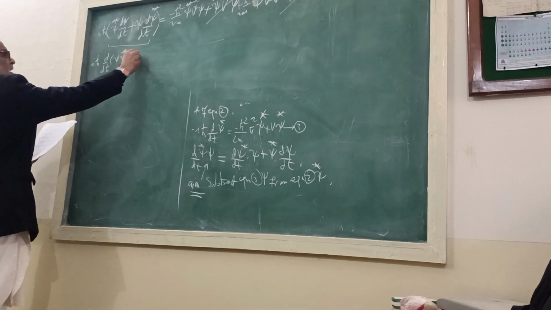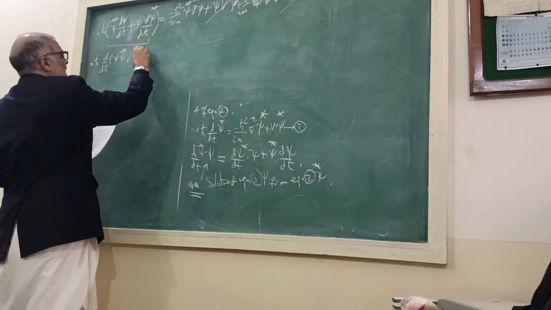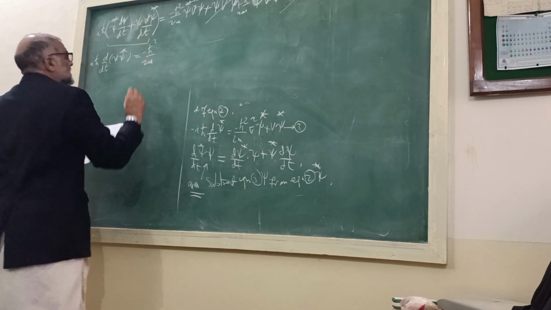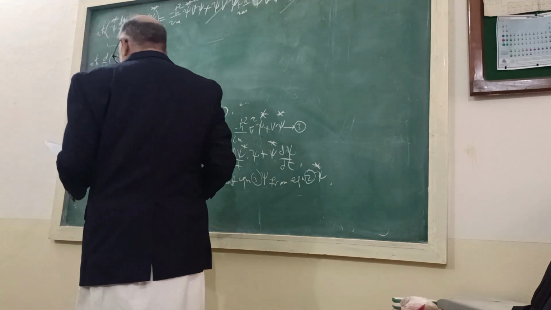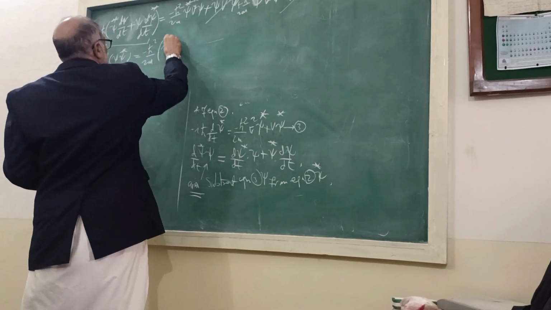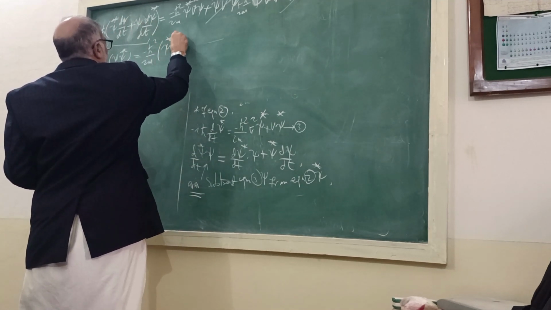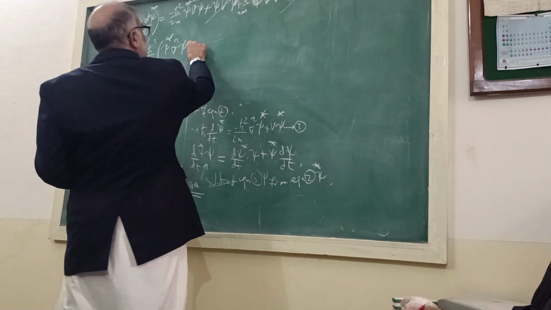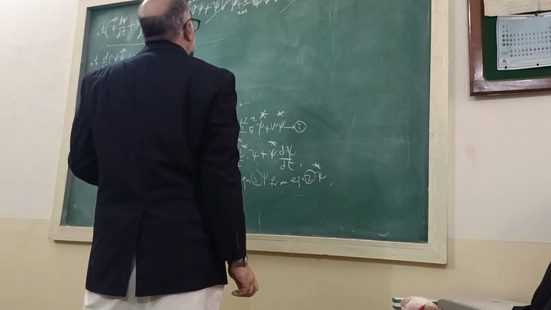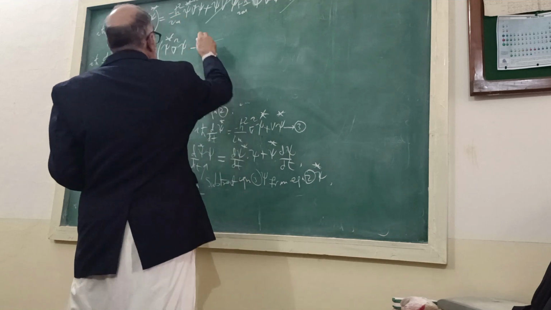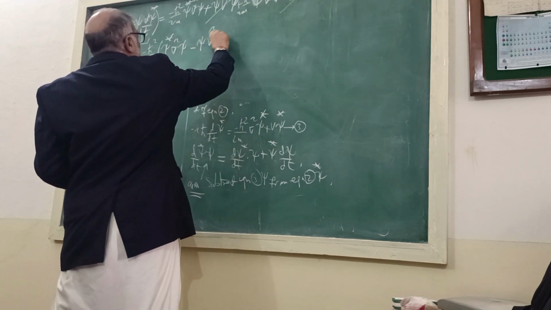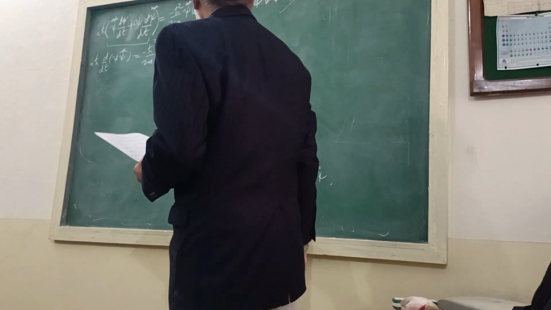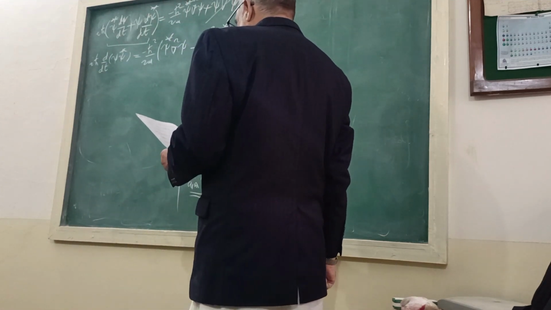And that is equal to, I'm taking this minus ħ squared by 2m common. So that will be psi star del squared psi minus psi del squared psi star.